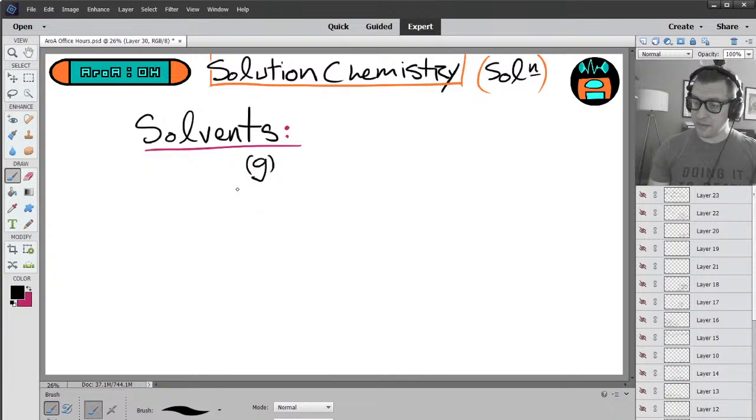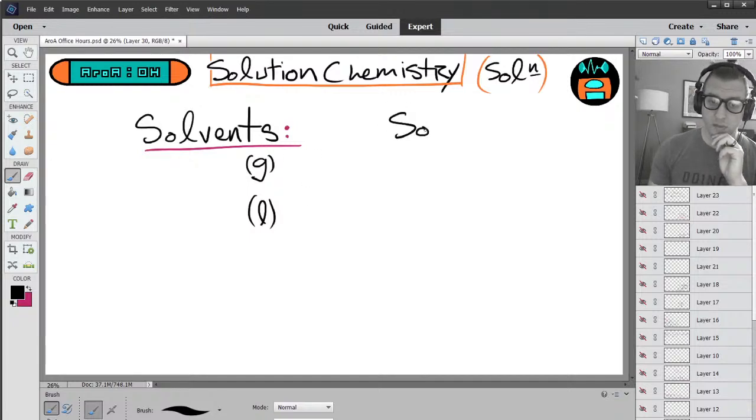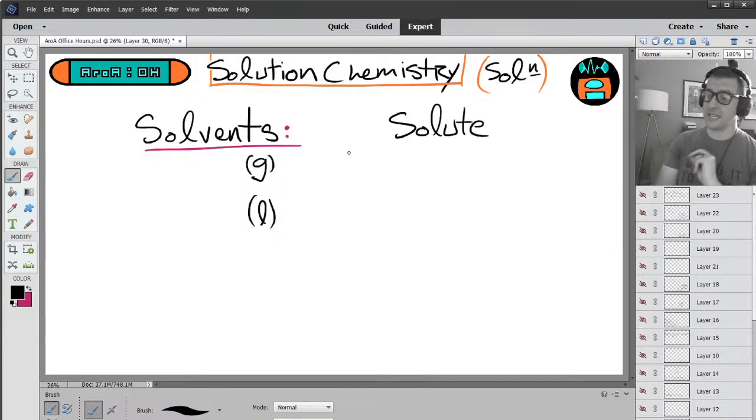So a gas can be a solvent, and a liquid can be a solvent. Now, it turns out that not all solvents can dissolve all solutes.